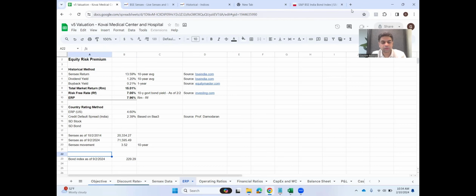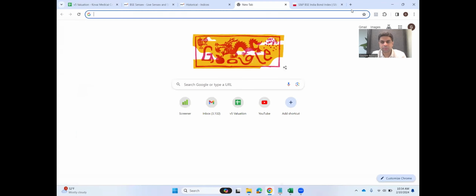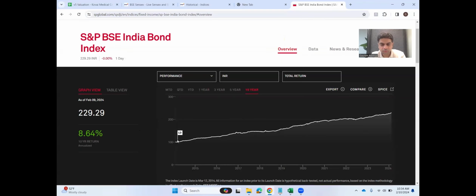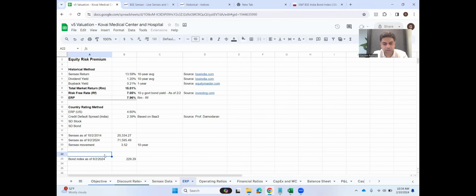Now also let's go back 10 years in time and pull that same information. Almost 10 years back in time, the index was 100.10. Don't worry about absolute precision. So the bond index as of 2014 was 100.10.